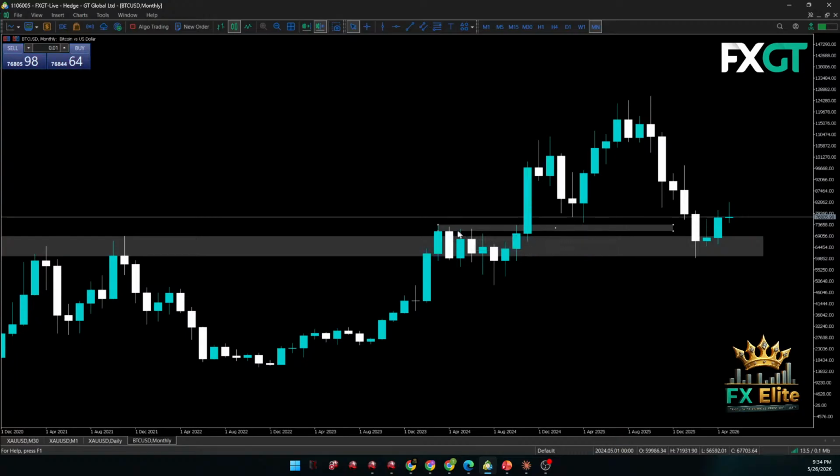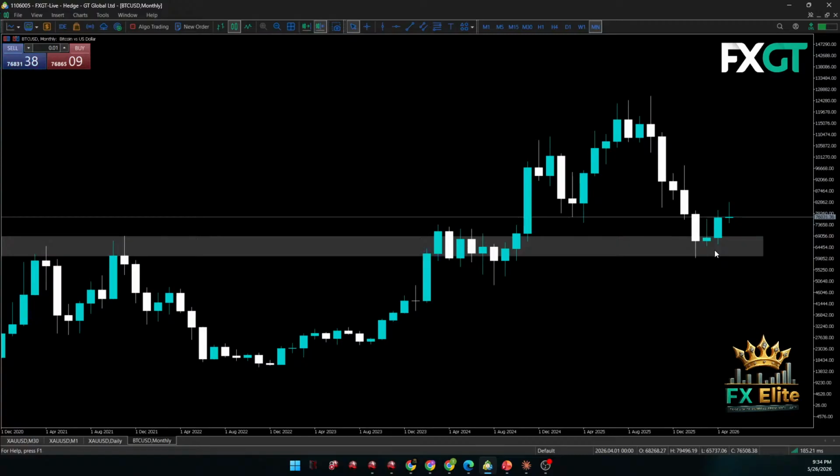This is probably for a lower time frame, but over here it is very clear that it became the SNR flip. It was a resistance before, there's a breakout, and it has become a support. Okay, is that clear? Yes, yes. Okay, sige.